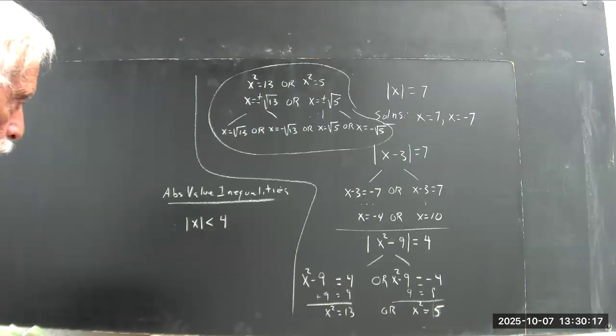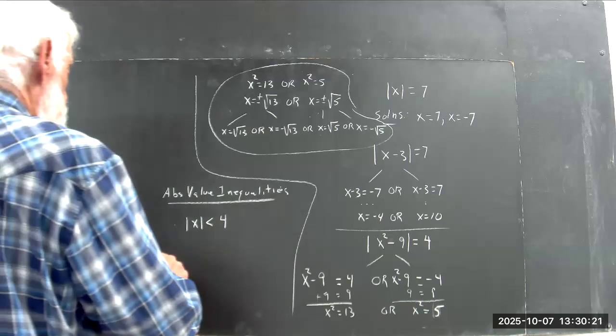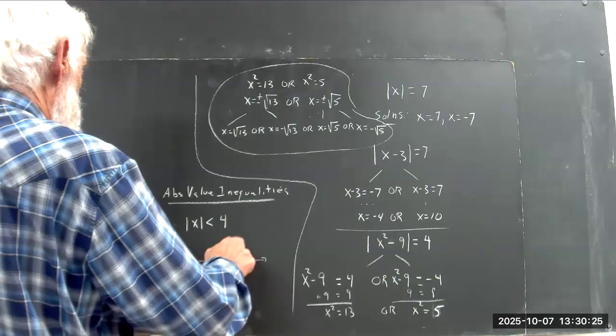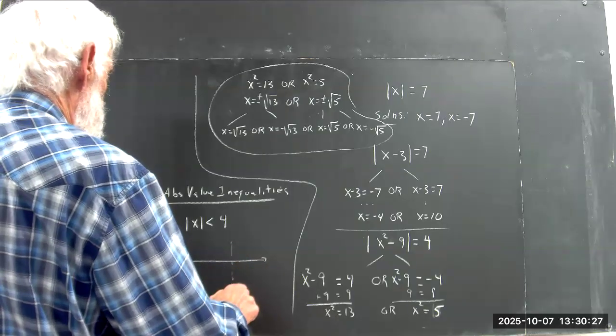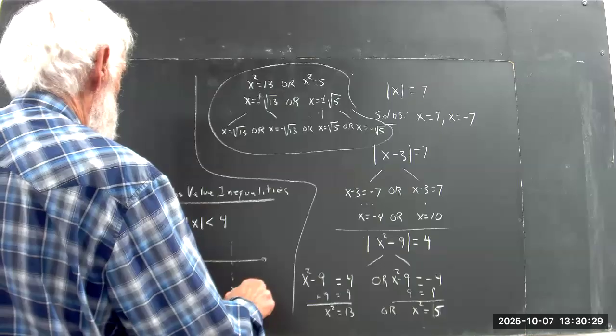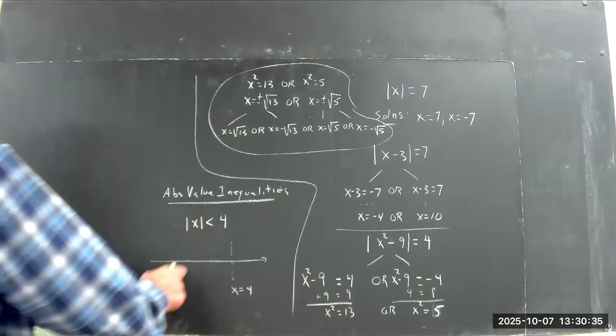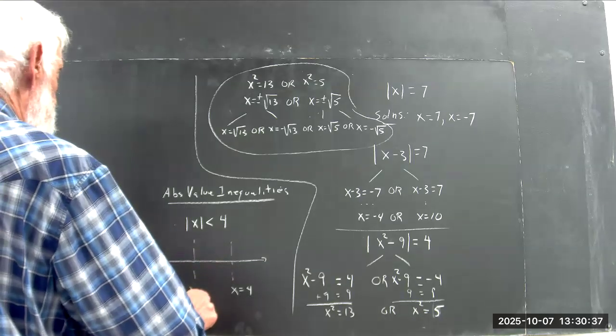Absolute value of x less than 4. I'm going to draw a number line. Here's where x equals 4. Let's say here's where x equals 0.